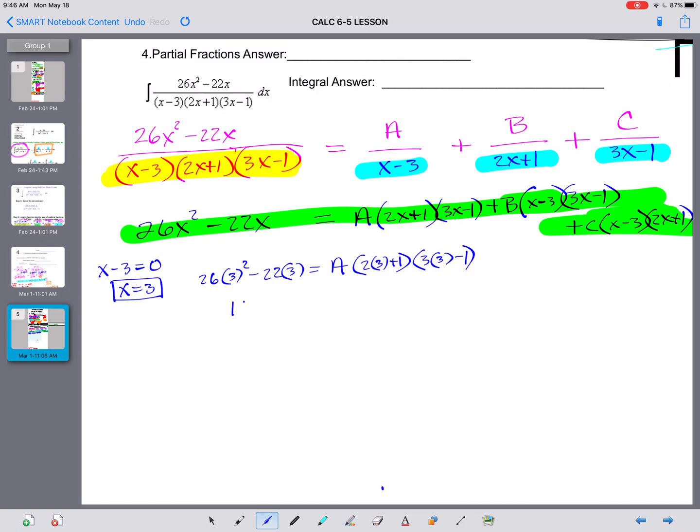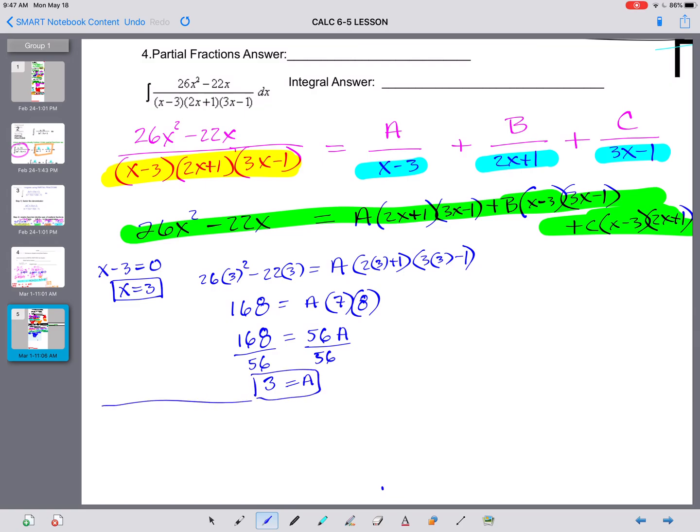So 168 equals A times 7 times 8. That's 56A. Divide through by 56. A equals 3. So we got the A term.